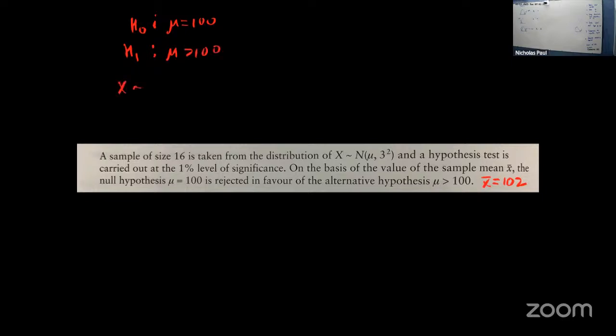So originally it belonged to a normal with mean mu and variance 3 squared, but the actual distribution is of x bar. Remember we use an x bar because it's testing the mean. So x bar will follow a normal distribution with mean 100, variance 3 squared, which is 9, all over n. N was 16.